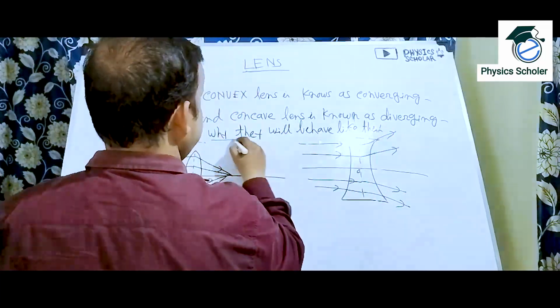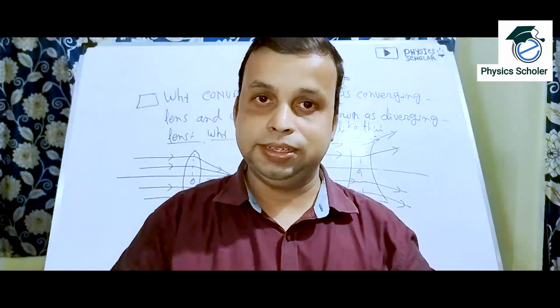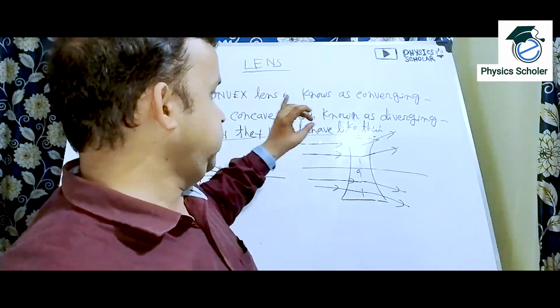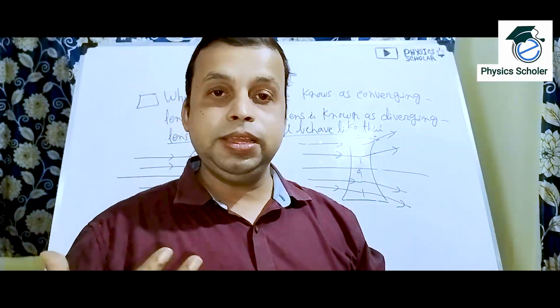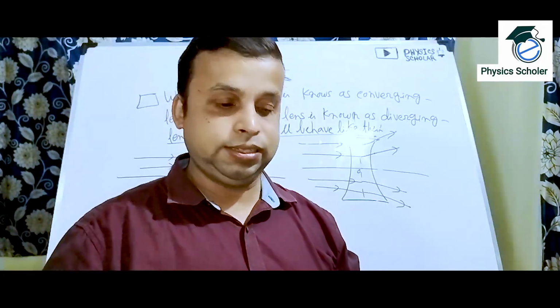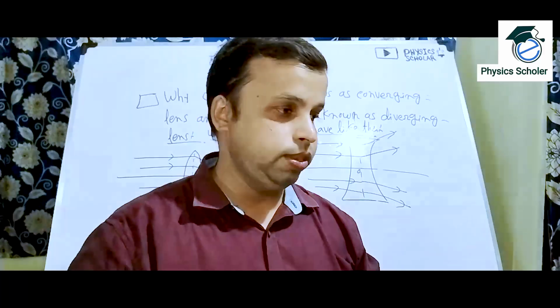That's the main thing which we have to understand. Why will this be converging in nature and this be diverging in nature? Clear? So in the previous episode, I discussed the prism. The details of prisms I discussed and uploaded already.